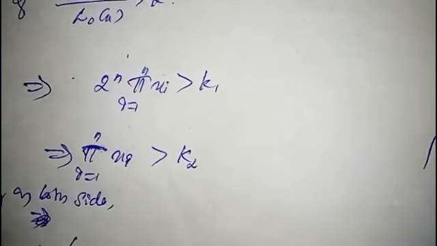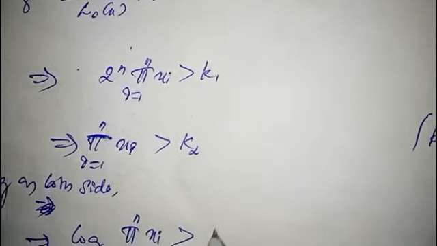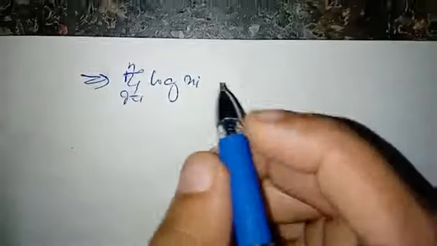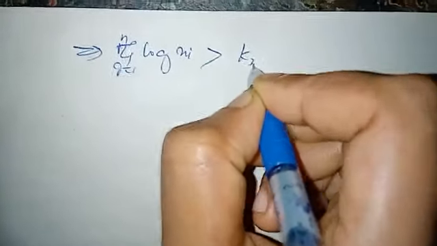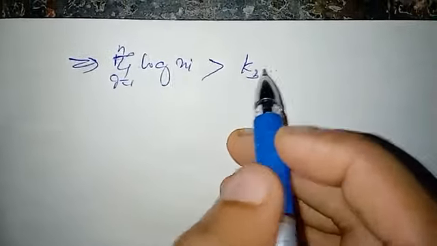Then the log of the product from i = 1 to n of xi is greater than log k2. We can write the log of the product of xi as the summation from i = 1 to n of log xi, which is greater than k3, where k3 is log k2.